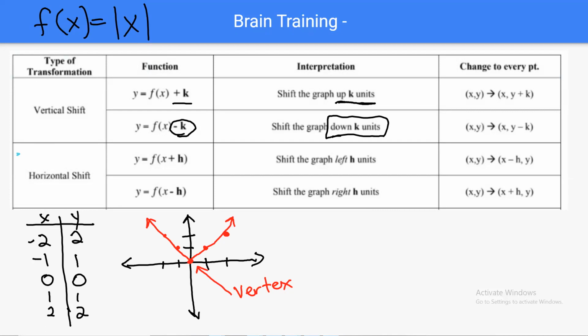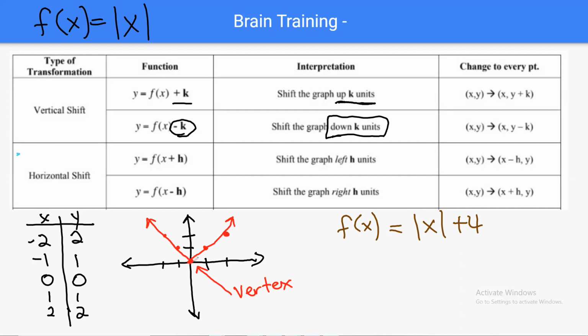And if I am shifting this by 4 units, f of x equals a vertical shift, 4 units. What does that do to this graph? What am I going to do from 0, 0?